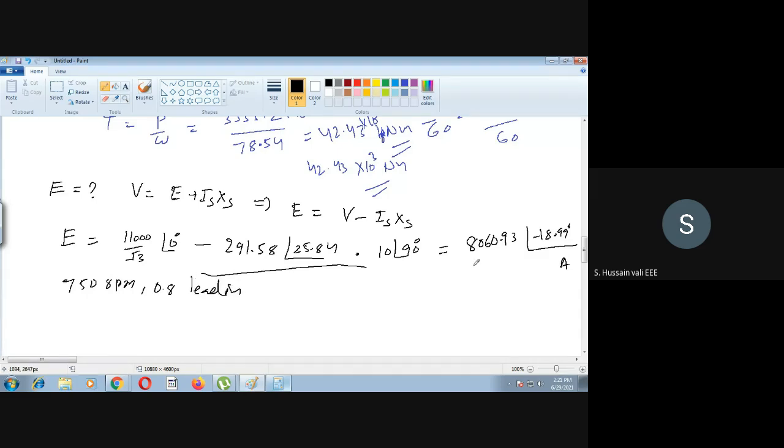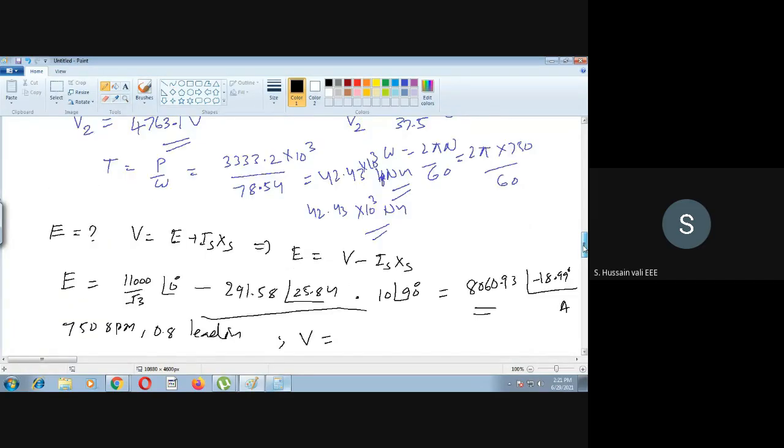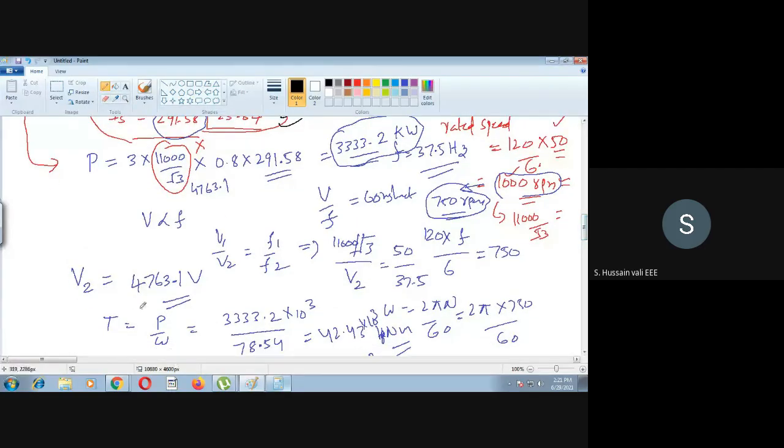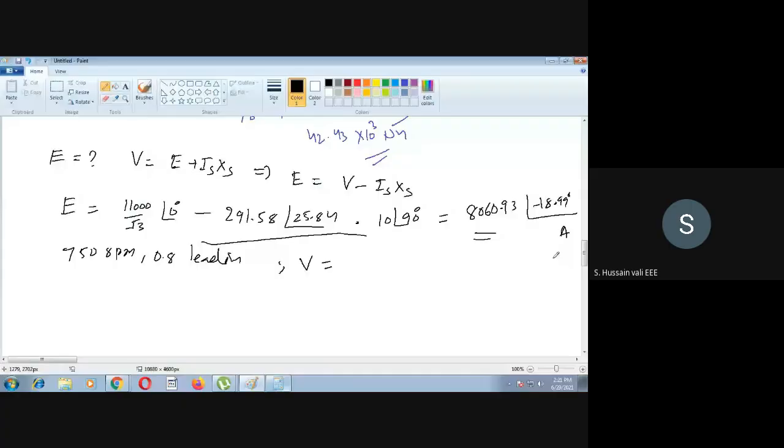Now whatever EMF we found out is the rated value. So to find this, we have already found the voltage. There is a reduction in the voltage. How much V now becomes? While finding out the torque, we found V. Yeah, we got the answer. You see here now, 4763.1 at an angle 0.